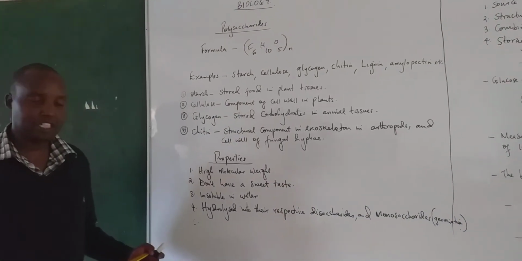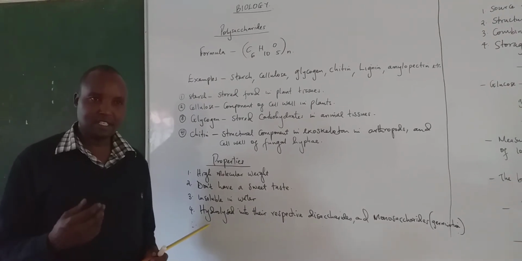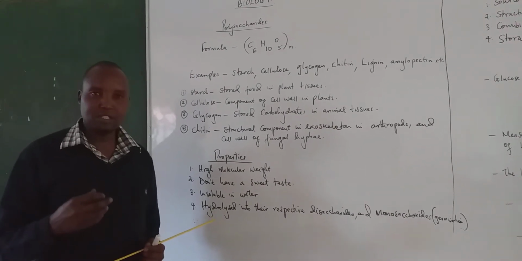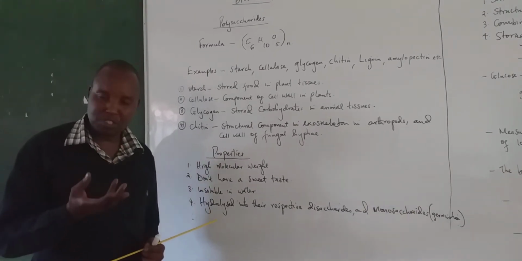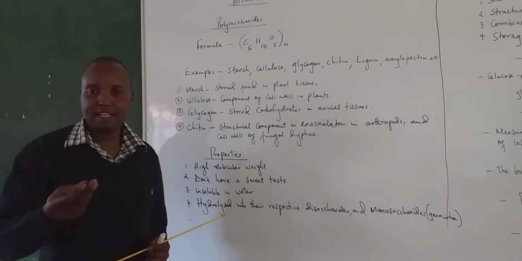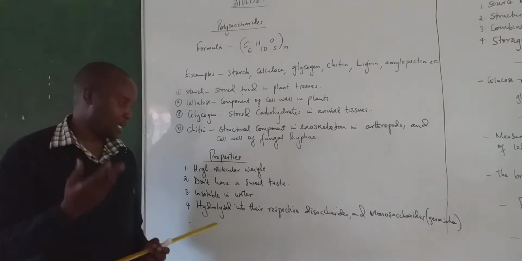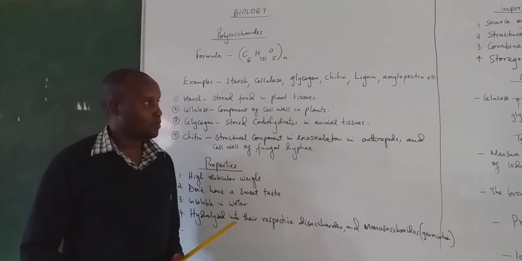For example, during germination, starch in the seed is hydrolyzed into disaccharides. Starch is broken down into maltose, and from maltose it is broken down into monosaccharides such as glucose.